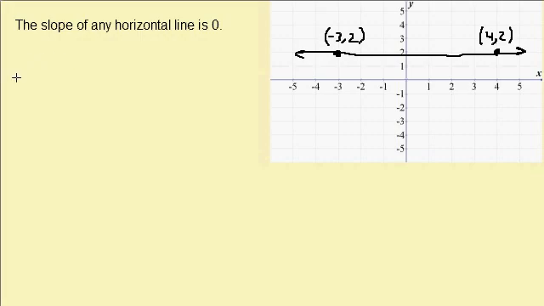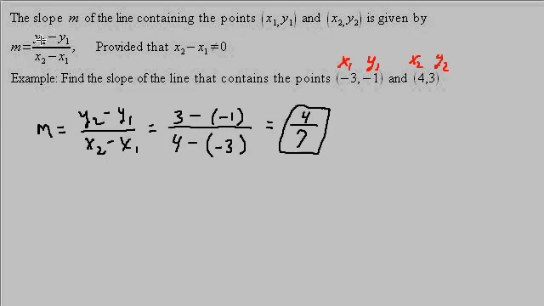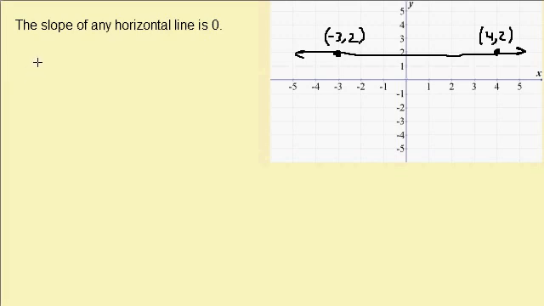And let's show that by using the formula here. m equals y2 minus y1 over x2 minus x1. So the slope would be y2, and we'll call the -3 x1, this 2 here we'll call y1, and we'll call the 4 x2, and we'll call this 2 y2.